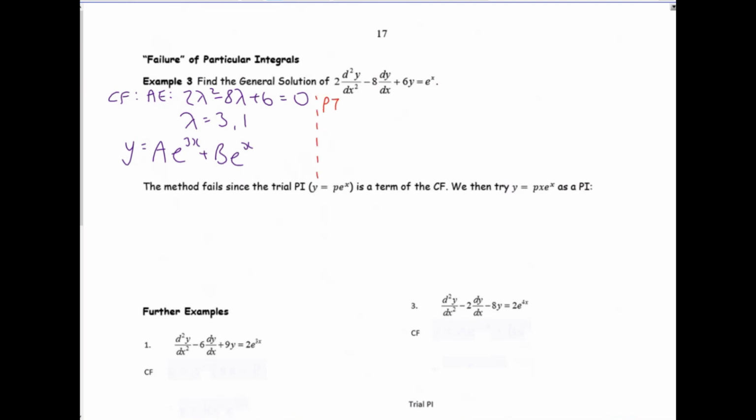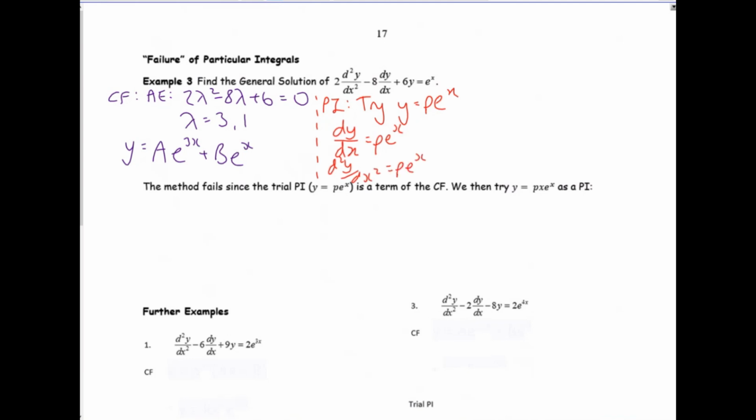So for the particular integral, we are going to try y equals p e to the x, because this right-hand side is just of the form e to the x. So we try something times e to the x. Differentiating this twice is easy, it stays the same, e to the x, and the second derivative is also e to the x.